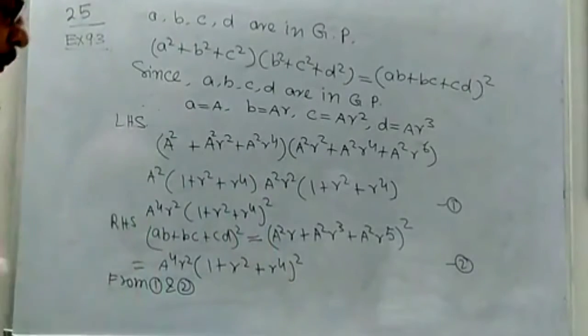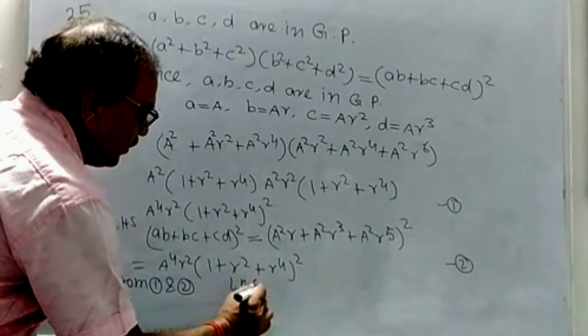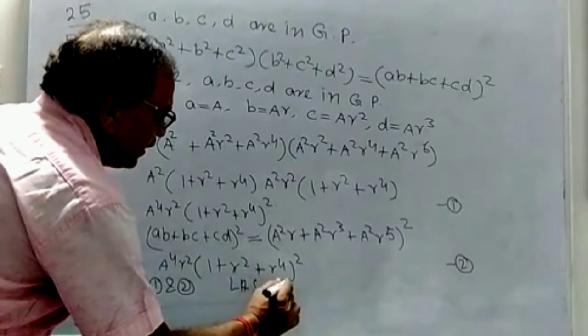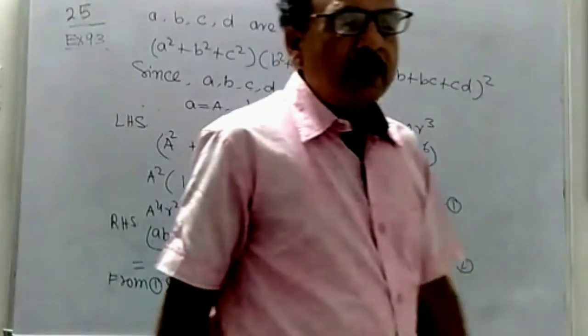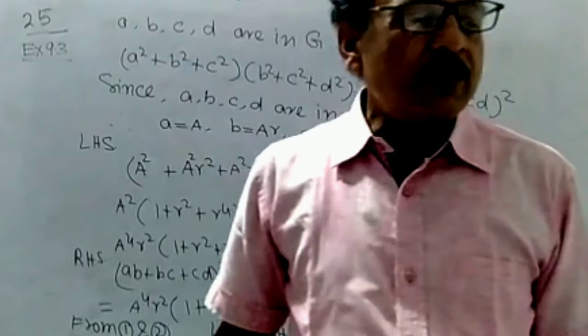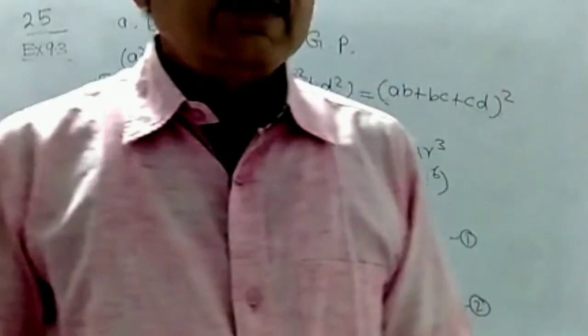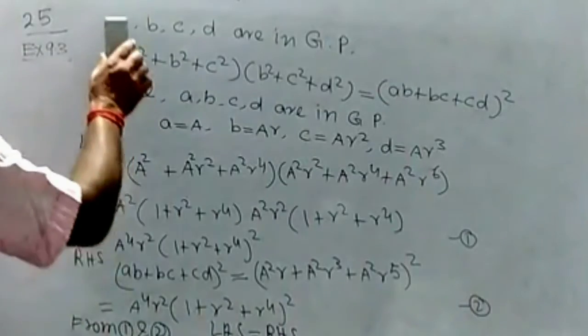From 1 and 2, left hand side is equal to right hand side. So this proves the theorem. Left hand side is equal to right hand side. So now let us see the next question.